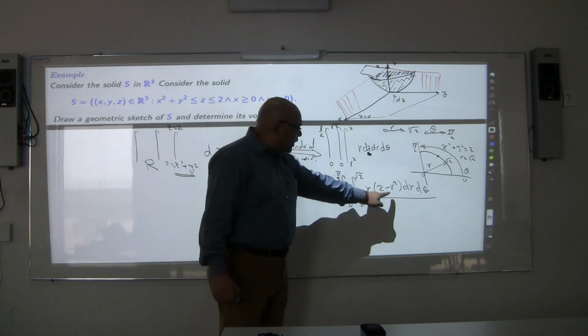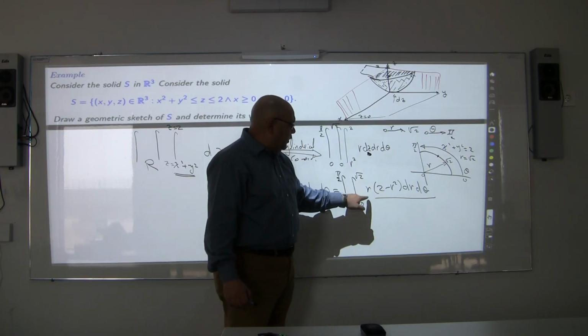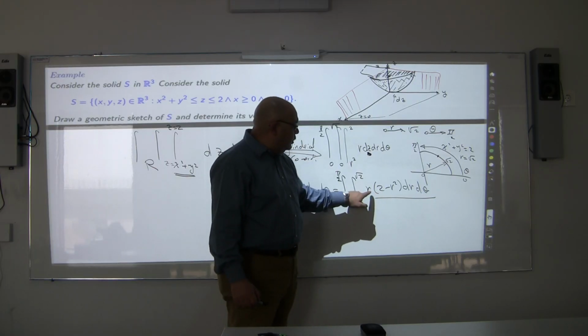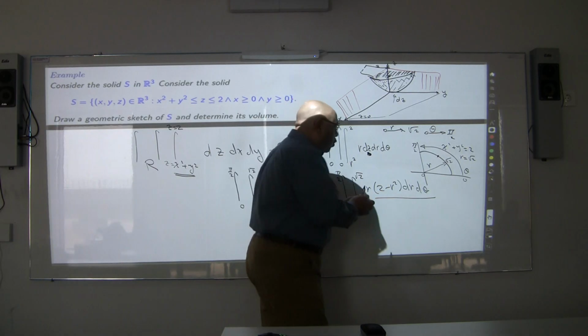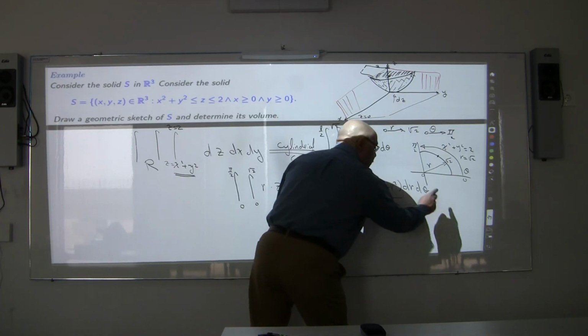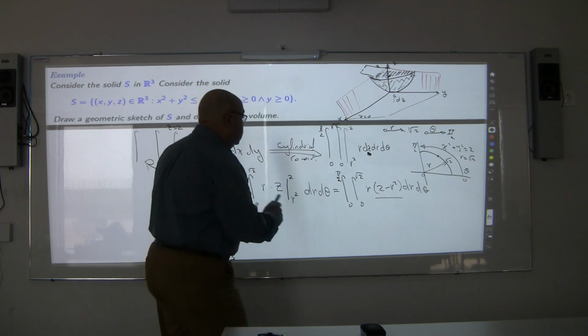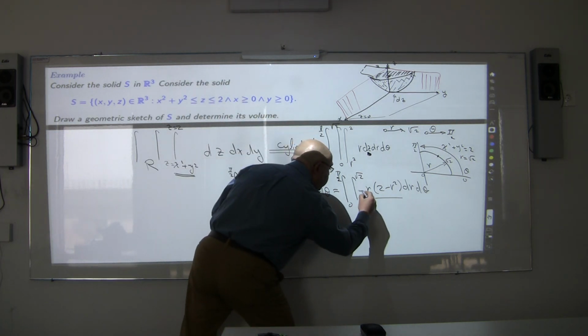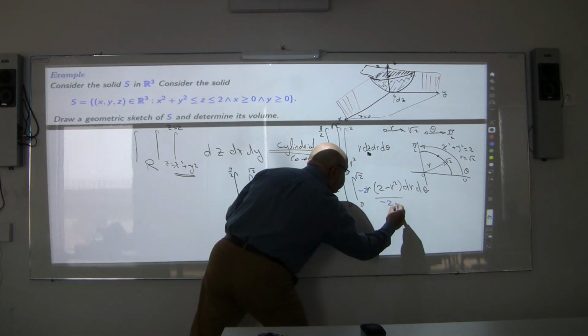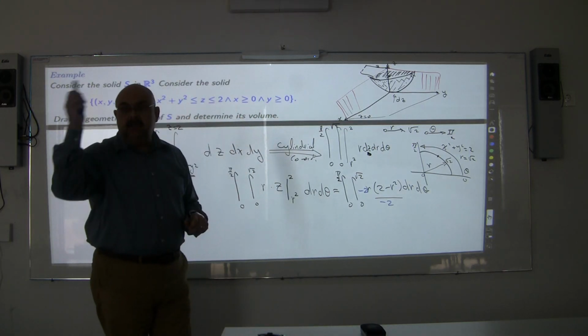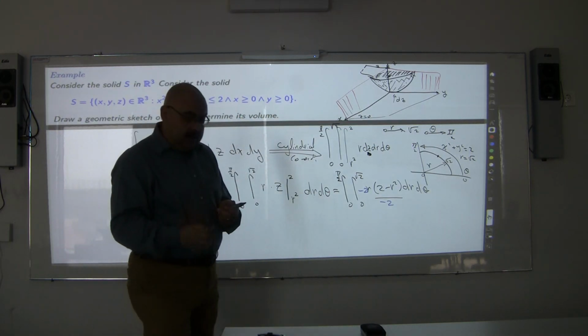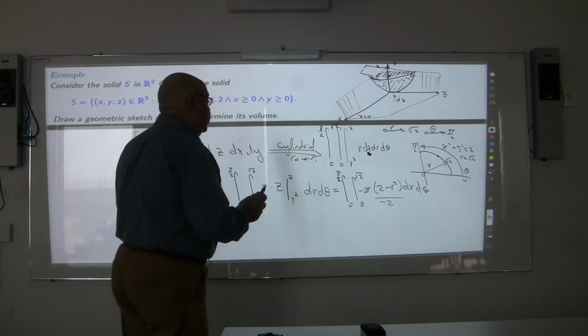At this point I can integrate this either by multiplying r times 2 and then r times r squared, or I can multiply by negative 2 here and then divide by negative 2. Then I can add 1 to the power and divide by the new power.